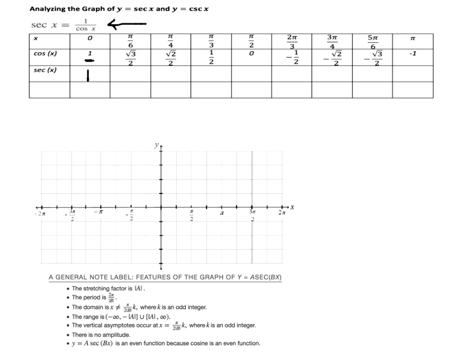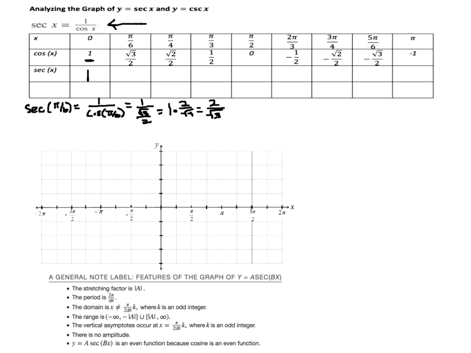And I'll work one of these out for you. The secant of pi over 6 is equal to 1 over the cosine of pi over 6. The cosine of pi over 6 is square root 3 over 2, which is the same thing as 1 times 2 over the square root of 3, which is 2 over square root 3.